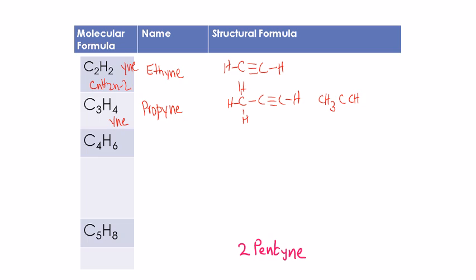Okay, and now how can we draw the skeletal formula? Here we have a triple bond, that means here one carbon and here another carbon, here another carbon.